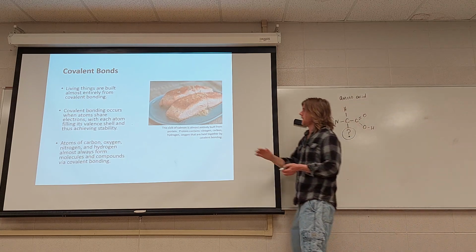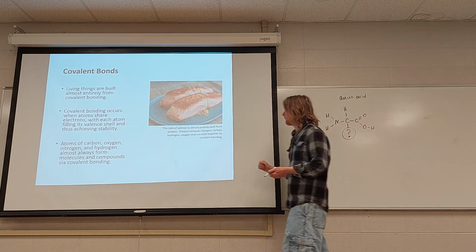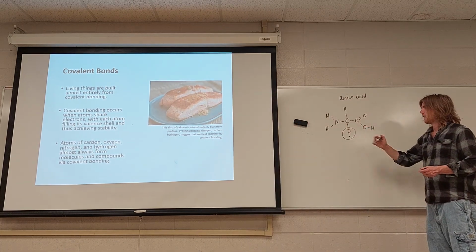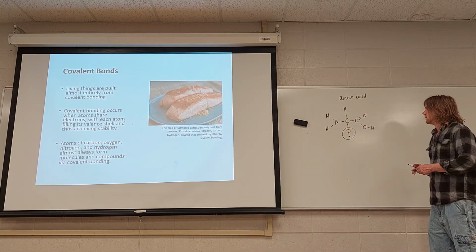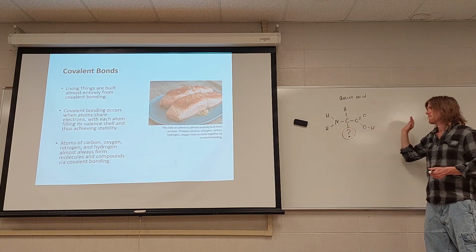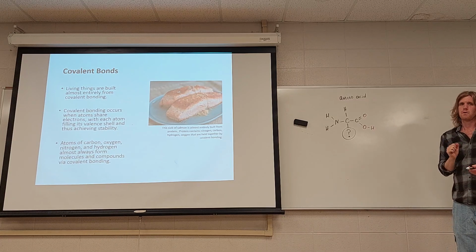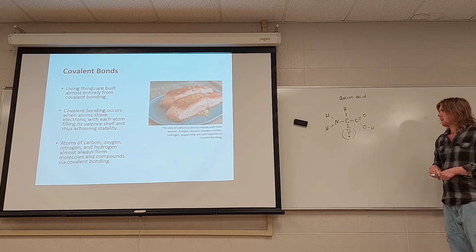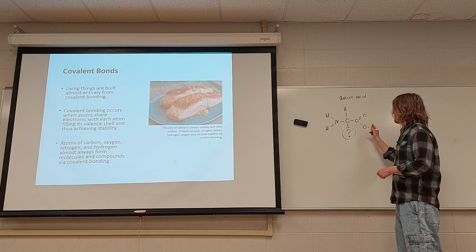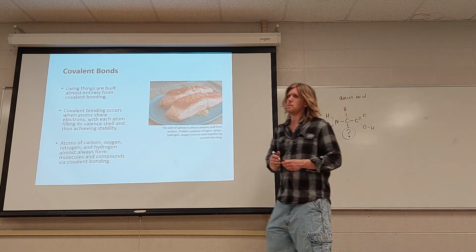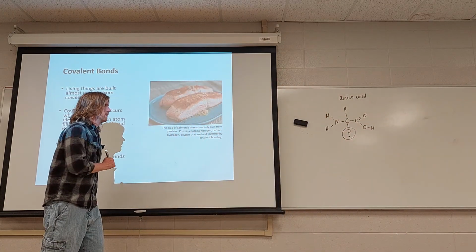So when you eat salmon like that, you're eating a massive chain built from enormous quantities of these, one after the other after the other. Carbon, nitrogen, hydrogen, oxygen, all four of them are in an amino acid.